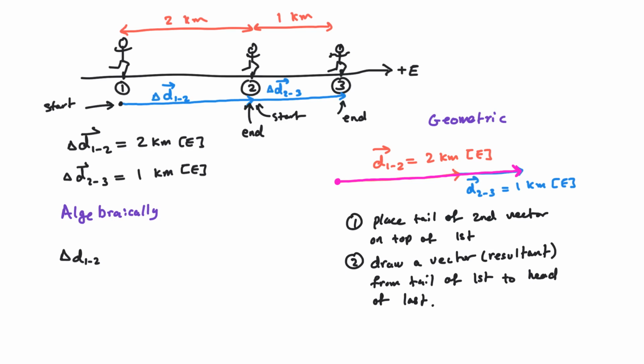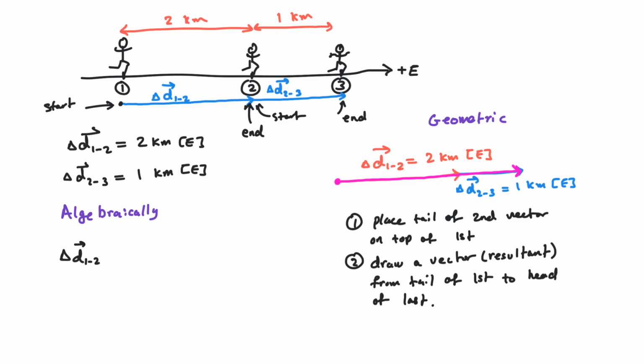But in this case, the triangle means change. And this D over here means position. So this is saying the change in position from 1 to 2, and this is saying the change in position from 2 to 3. And we'll discuss this much further later.